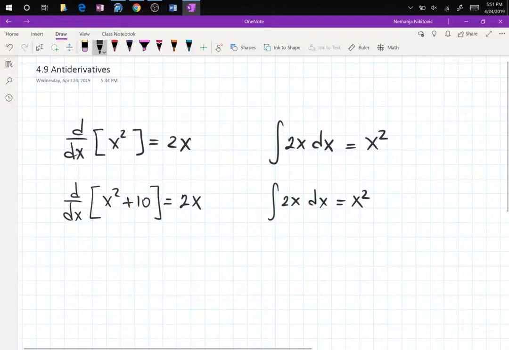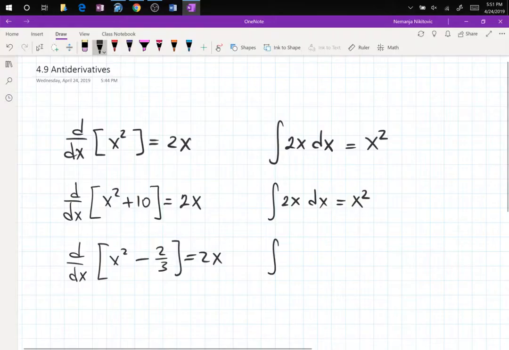Derivatives annihilate this piece of information, which is plus 10, the constant. Now, even if I have a subtraction there, so if I have, let's say, x squared minus 2/3, it's still going to be 2x, and the integral of 2x again is going to give me back x squared. So we have issues with constants.